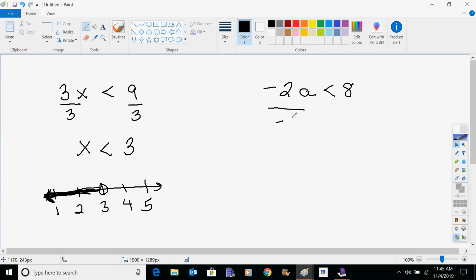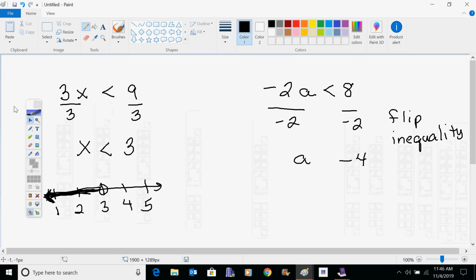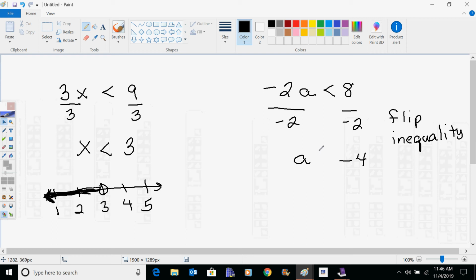Divide by negative 2, but here's the thing that we do. Because I divided by a negative, you have to flip over the sign. Flip the inequality, write that down. Anytime you multiply or divide by a negative, in order to solve it, you have to turn that inequality over. And so your new solution is a is greater than negative 4.